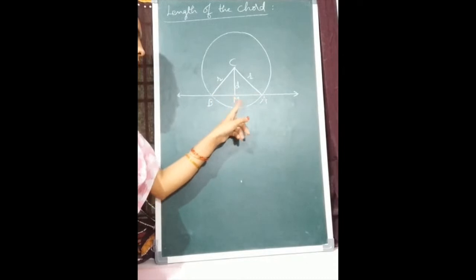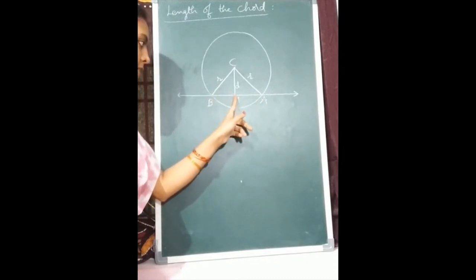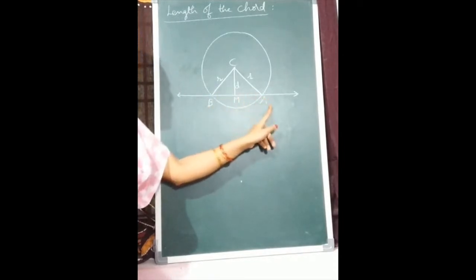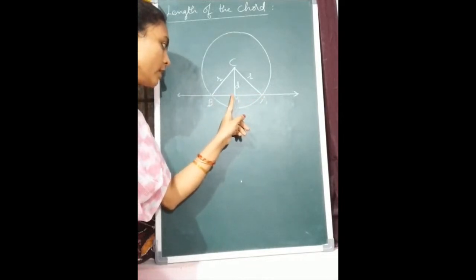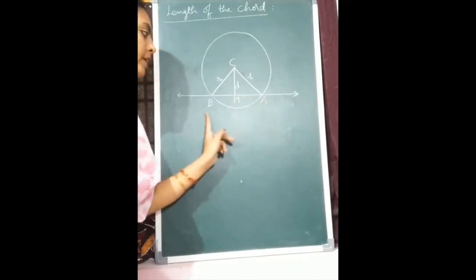M is the midpoint of AB, so BM plus MA is equal to AB. To find the length of the chord, find BM and take 2 times BM.